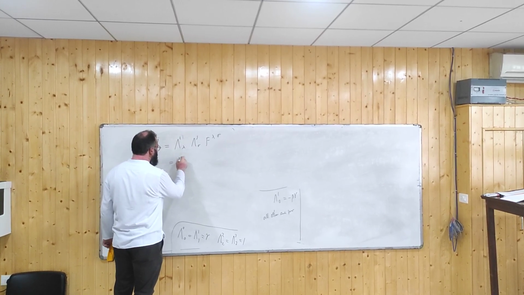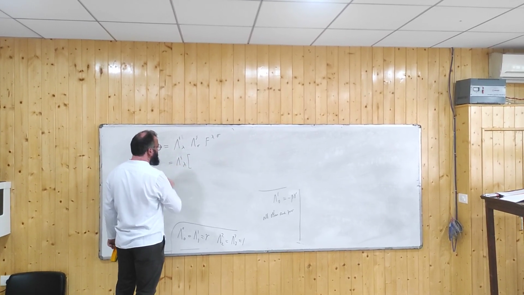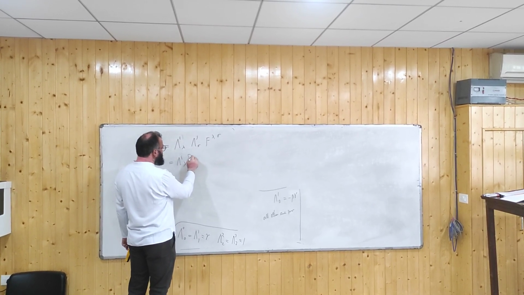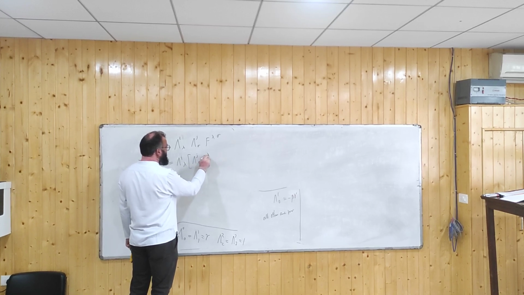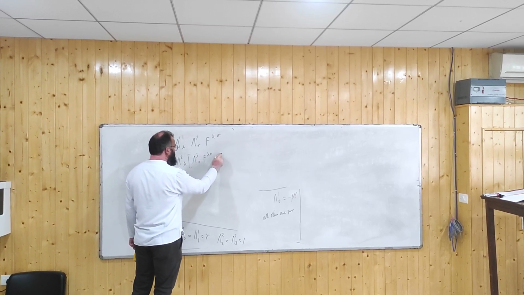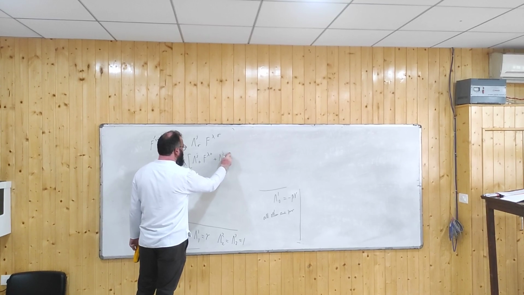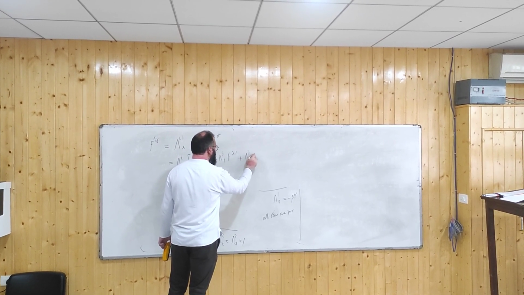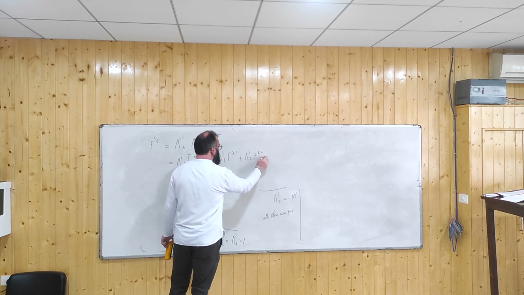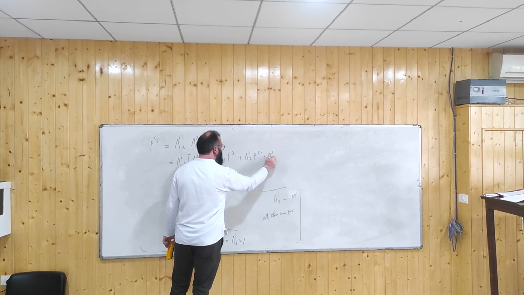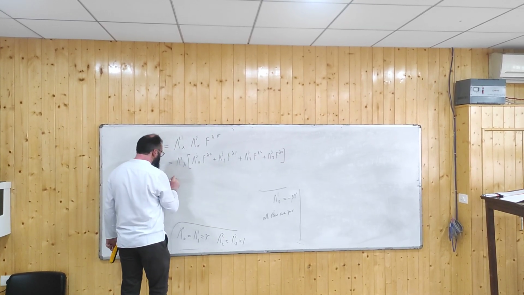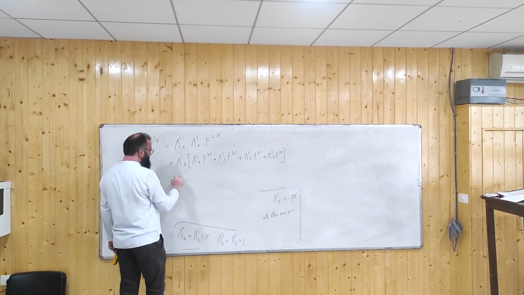Let's not overburden you. So let me do the sum again. It is lambda j0 F lambda 0 plus lambda j1 F lambda 1 plus lambda j2 F lambda 2 plus lambda j3 F lambda 3. Now you sum again over lambda.